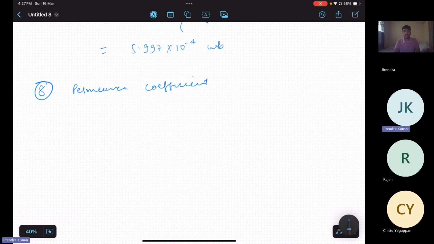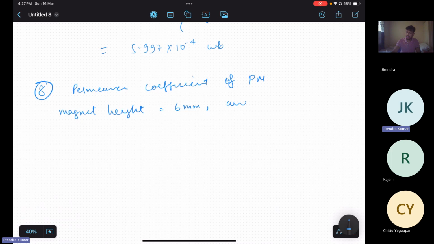So now we have to calculate the permeance coefficient of a permanent magnet under certain conditions. Those conditions are given. The magnet height is equal to 6 mm.